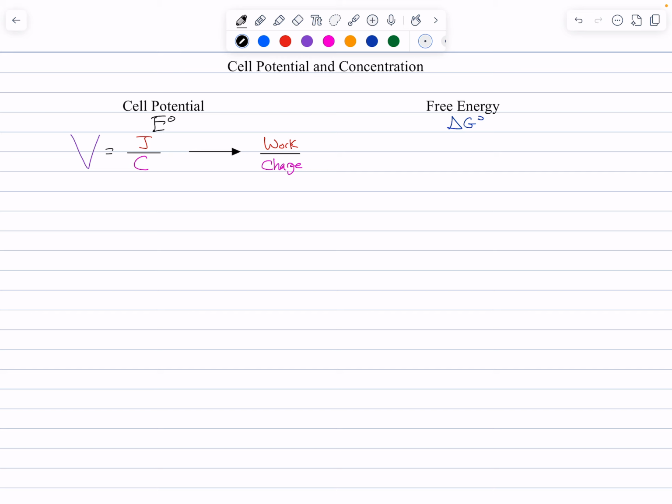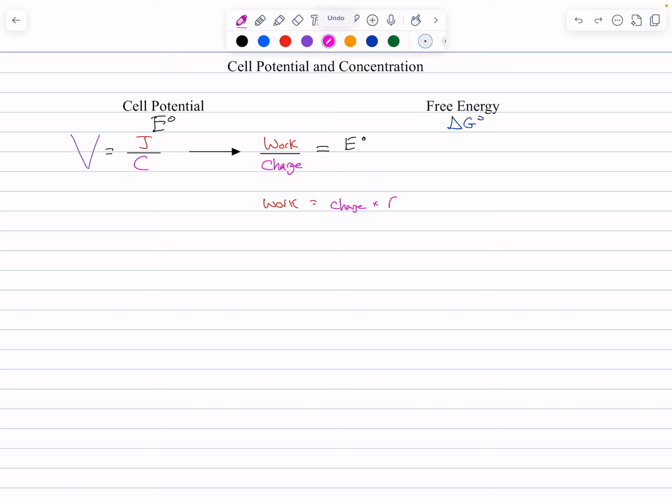So now, work, which will equal E standard, which is in volts. Write it down: work equals charge multiplied by E standard.